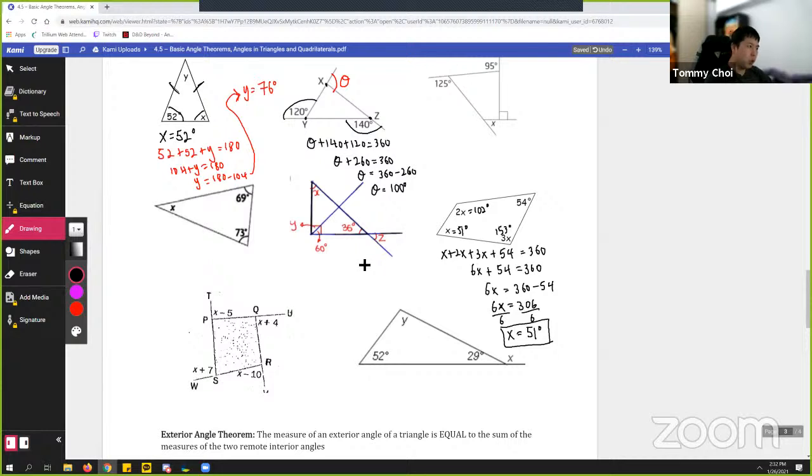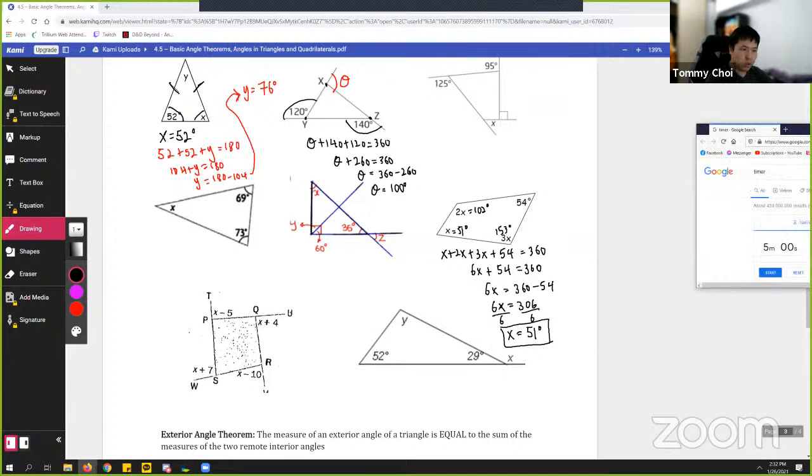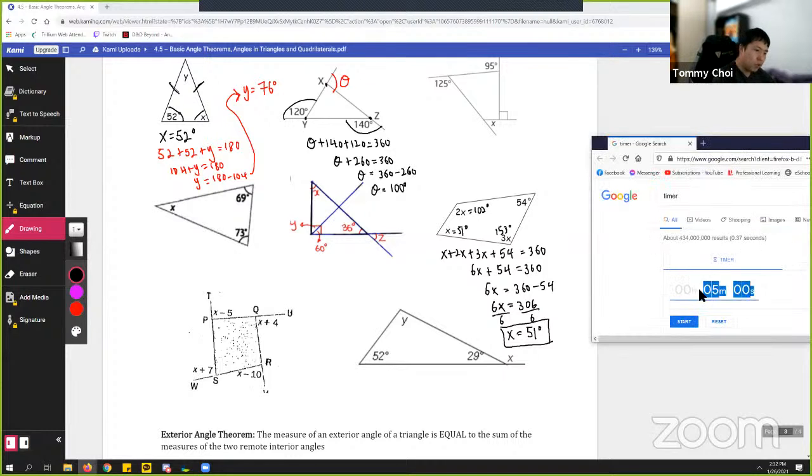I should give you more than 5 minutes because these are a little bit longer, so let's give you 8 minutes, until 2:40, to try these questions. You have the top right, middle left, and the bottom 2. Give the rest of these questions a shot, and then we'll take them up as a class.